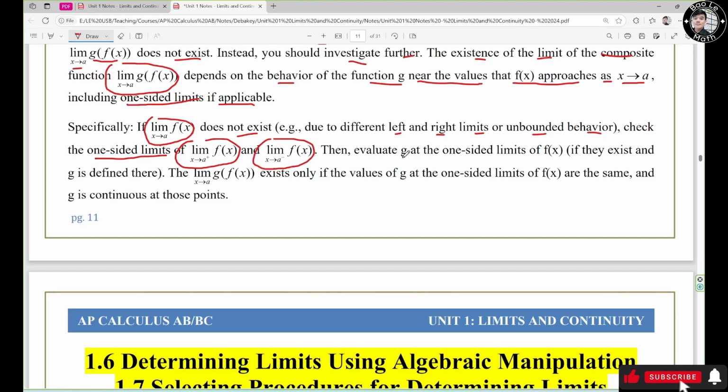Then evaluate g at the one-sided limits of f of s if they exist and g is defined there. The limit of g of f of s when s approaches a exists only if the values of g at the one-sided limits of f of s are the same and g is continuous at those points.